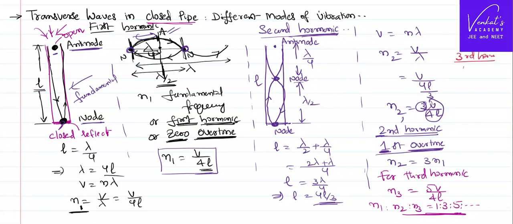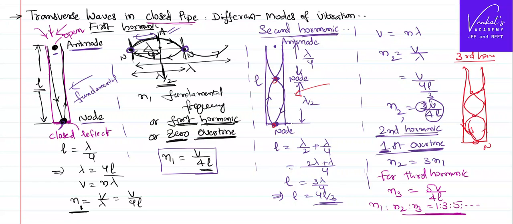Third harmonic. Second harmonic I have derived. If I have to show third harmonic, see, in second harmonic, one segment and another half segment. Third harmonic means there will be two segments like this and then a half segment.